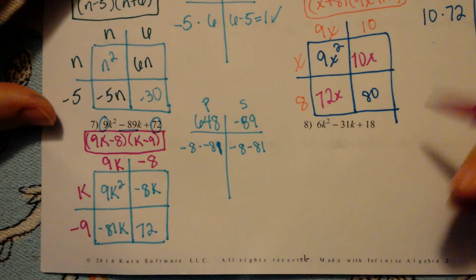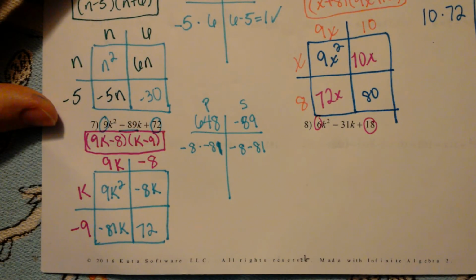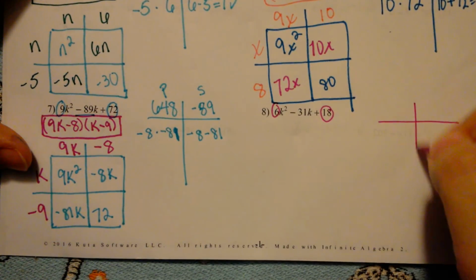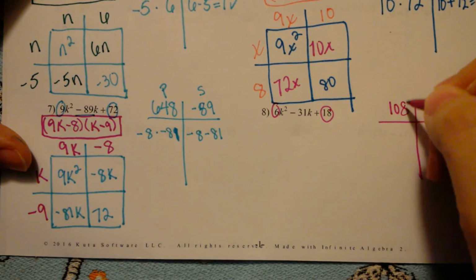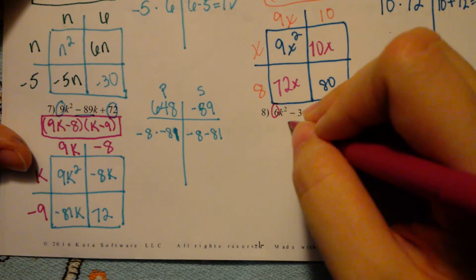So number 8, I'm going to multiply the first and the last together. 6 times 18 gives me 108. So that's my product. My sum is negative 31.